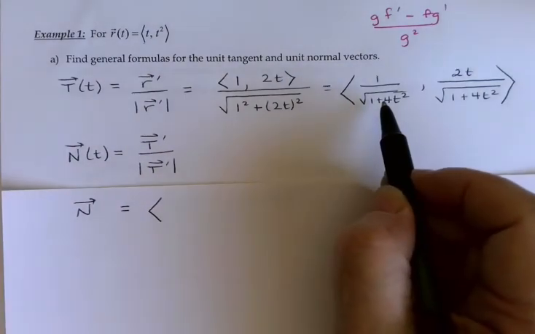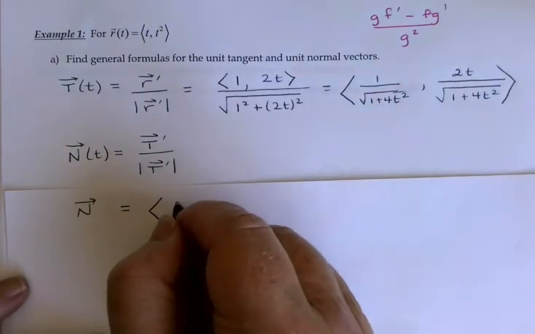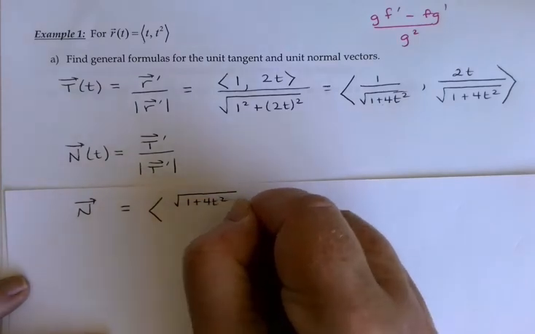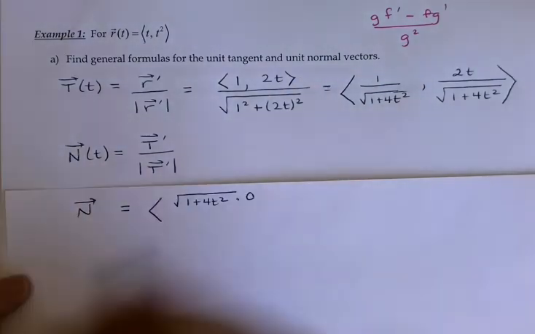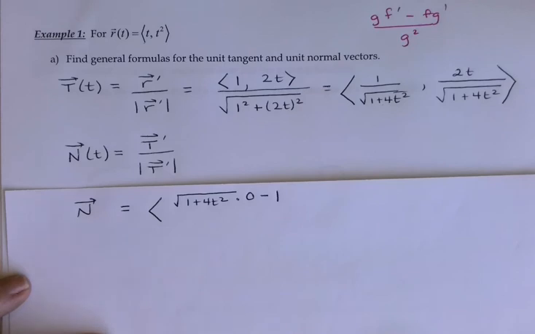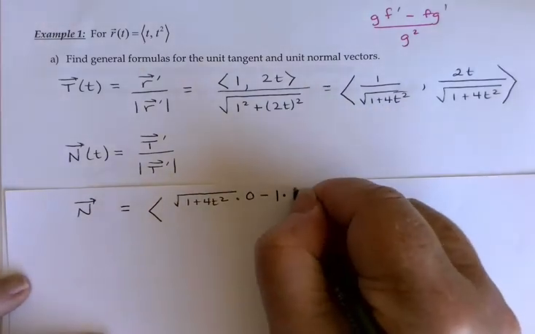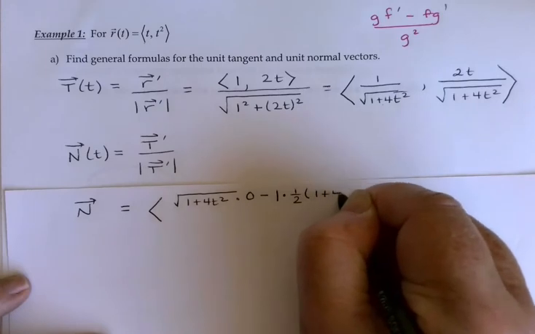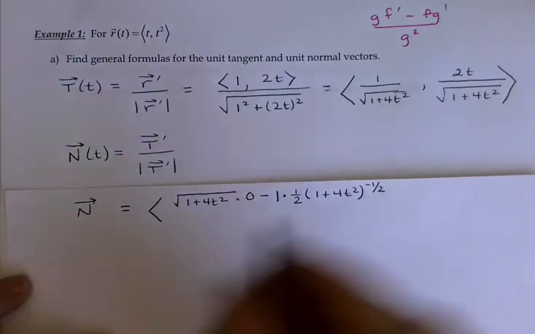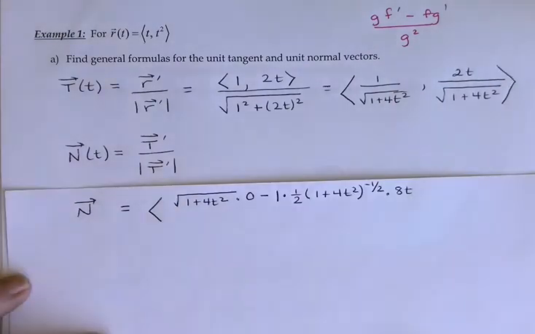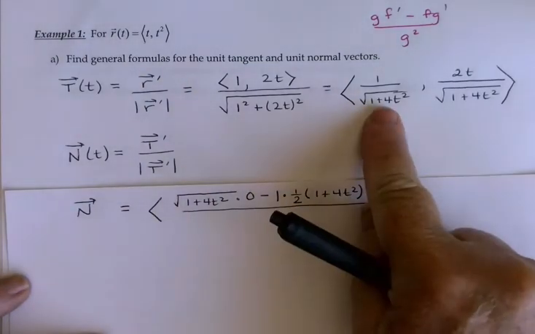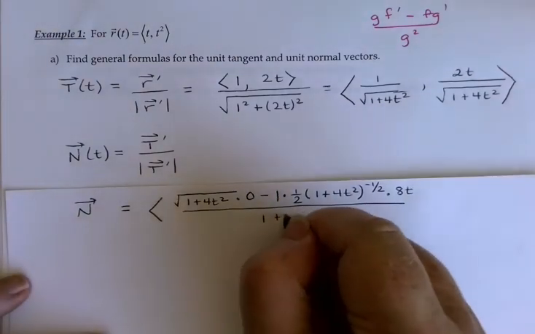So we'd have the bottom, my g value, 1 plus 4t squared, times the derivative of the top, which is 0, minus the top, which is 1, times the derivative of the bottom. I'm going to think of that as 1/2 power, so 1/2 times 1 plus 4t squared to the negative 1/2 times 8t for the chain rule. And then it all goes over g squared. When I square that radical, I just get 1 plus 4t squared.